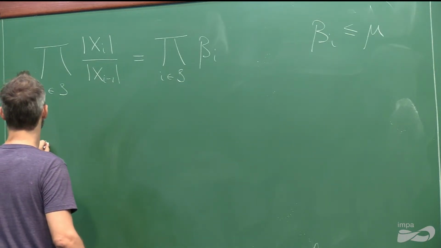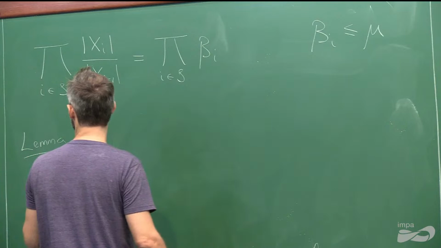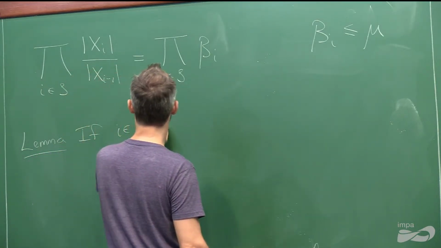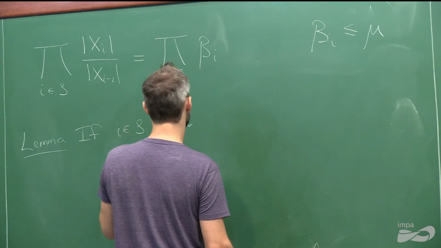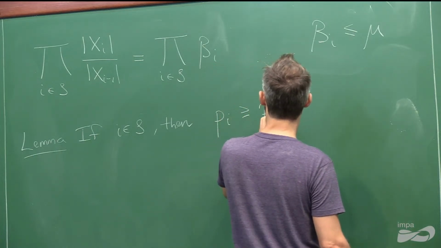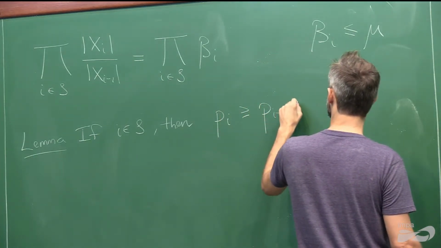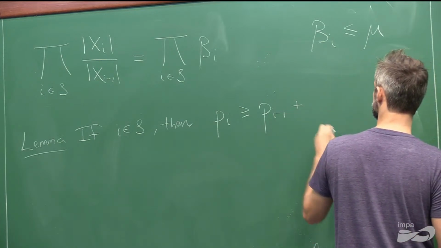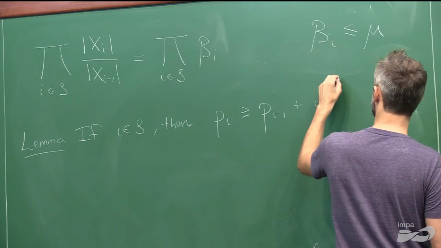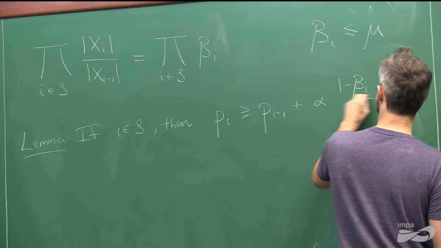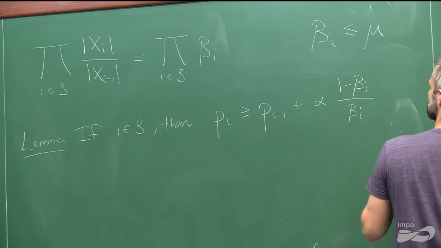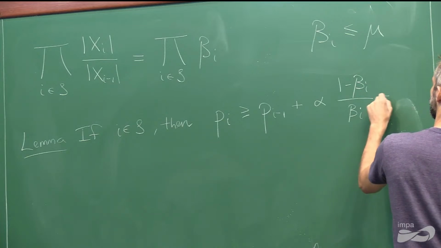So lemma: if i is in S, then p_i is at least p_{i-1} plus alpha times (1 minus beta_i) over beta_i, where this is alpha of p_{i-1}, minus something small.